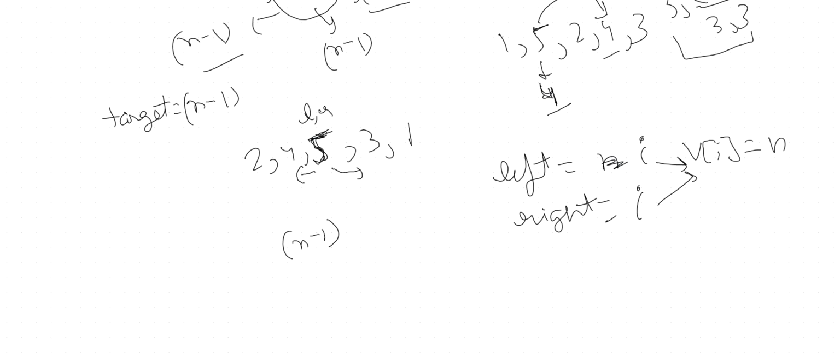If they are the target, then I will reduce my target because now I need 3. If I got my target before the L pointer, then I will decrease my L pointer, and if I get my target after the right pointer, then I will increase my right pointer.